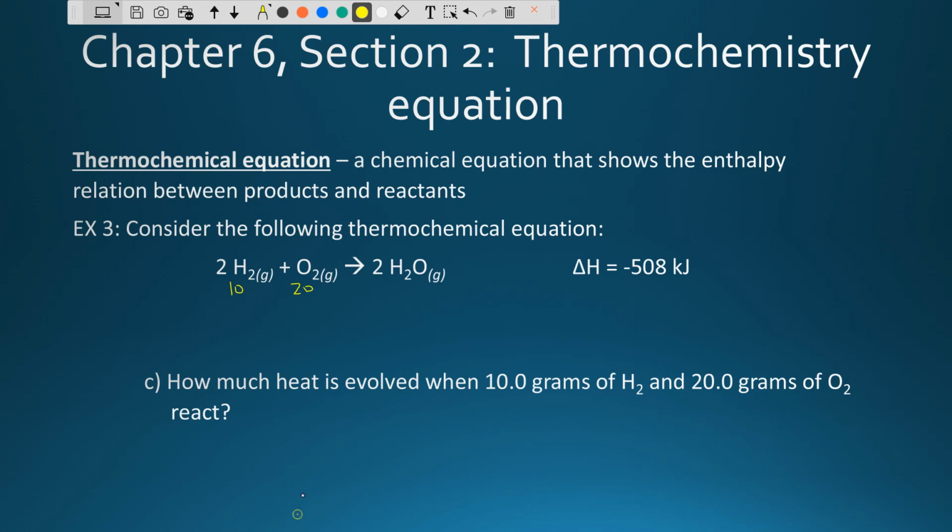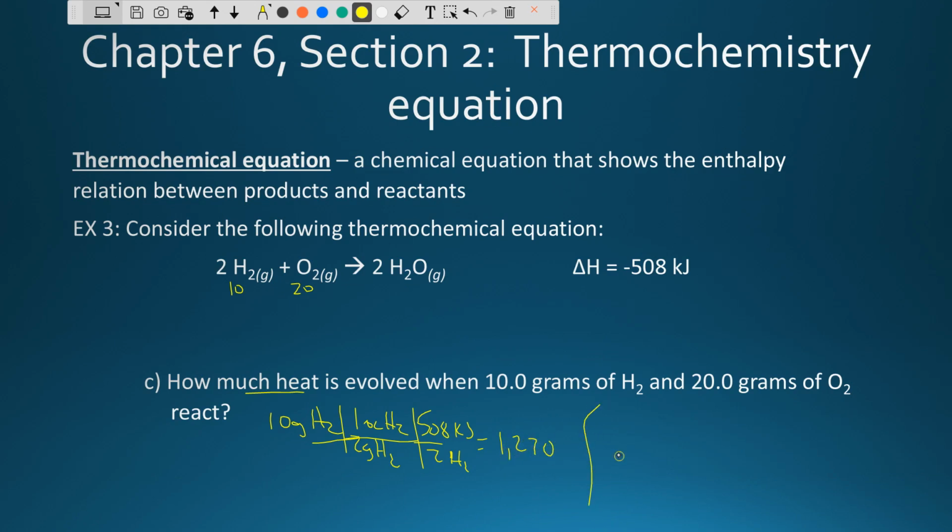Let's go ahead and solve for heat, because they're asking for the heat anyway. So if I have 10 grams of hydrogen, and 2 grams of hydrogen for every 1 mole of hydrogen, and then I see I have 2 moles of hydrogen for every 508 kilojoules, that will give me 1,270.